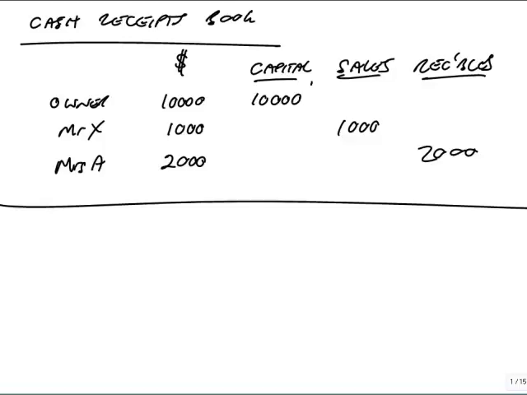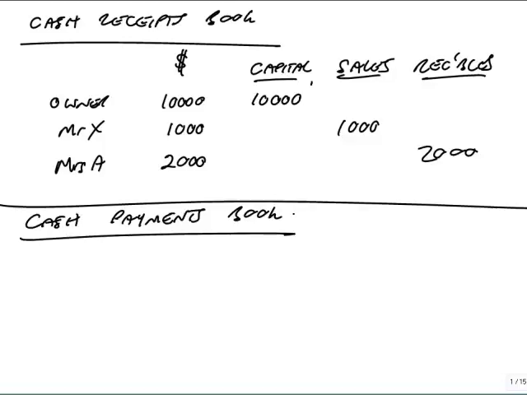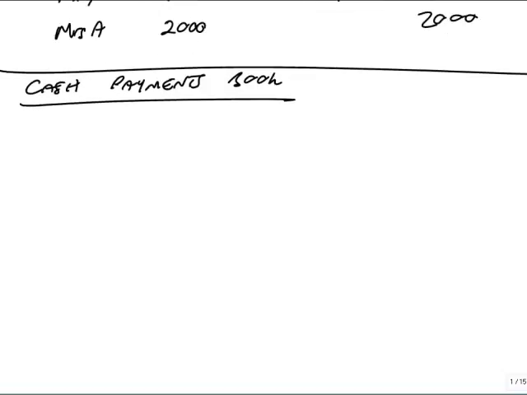Every time we pay any cash, I want you to list it. I'll give her a book. I'll call it Cash Payments Book. I call it anything I like, but that's the obvious name. And in exactly the same sort of way, all she's going to do all day is every time we pay money, she'll make a note.